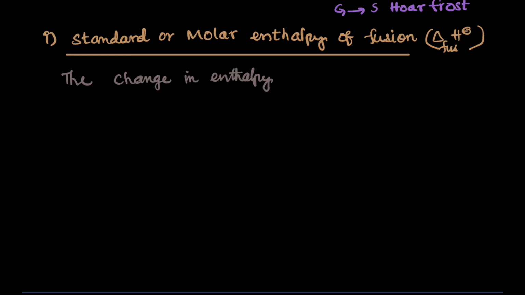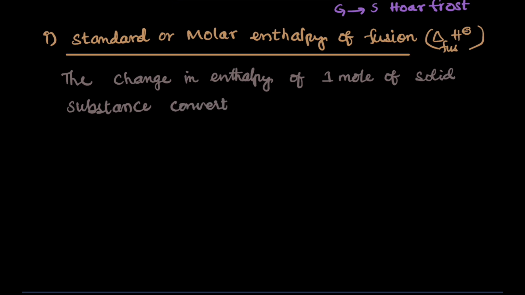That's why all are standard enthalpy changes only. The change in enthalpy of 1 mole of a solid substance converting into its liquid is called the standard molar enthalpy of fusion, or simply the molar enthalpy of fusion.